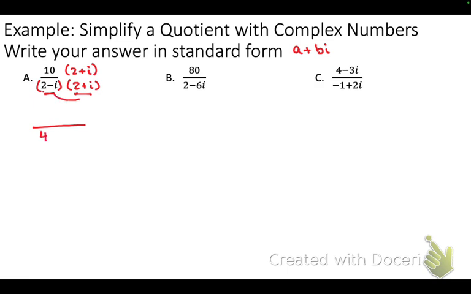And then you multiply the other two. So negative i squared. What's negative i squared? Negative 1. So I have a negative 1. So 4 minus negative 1, no, it would be 5, because you have 4 plus 1. So my denominator is going to be 5.